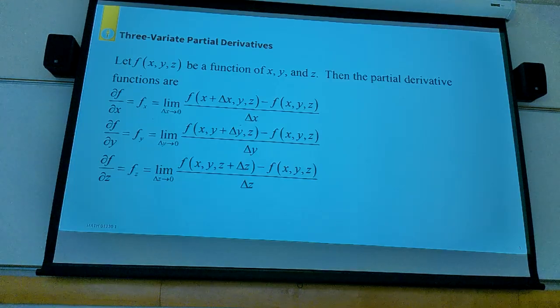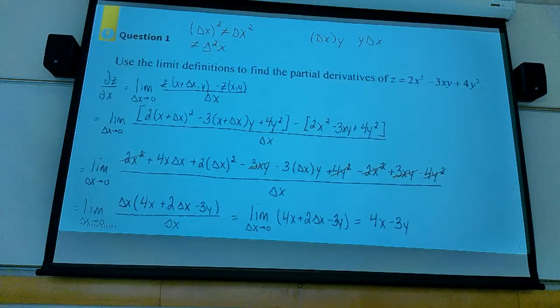Well, if you look at each one, the only variable that changes is the one you're taking the partial with respect to. Everything else is being held as a constant. And then using this question we just did, the process is identical to what was done in Calc 1.